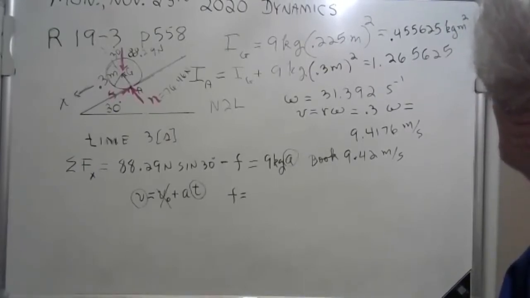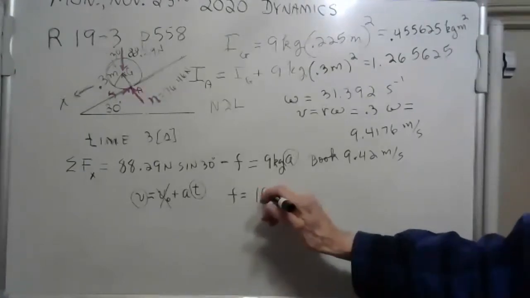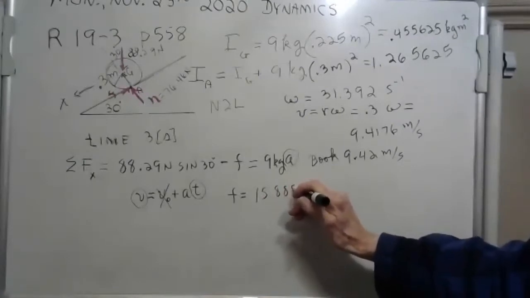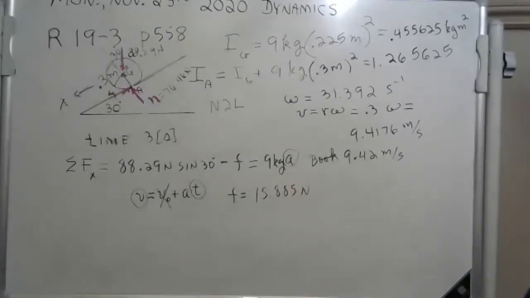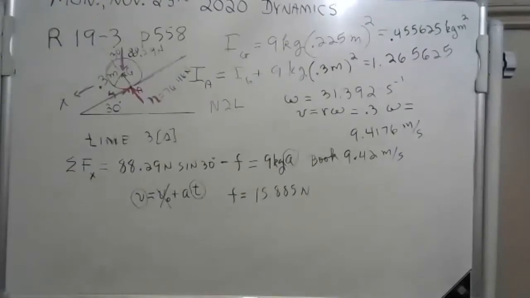I got 15.8922 newtons. How come I got 15.885 newtons? Did one of us round off something, Ashley? Probably. What'd you get? 15.89 something? Yeah, I think we're okay. I'm not too worried about you. So we got the friction now.